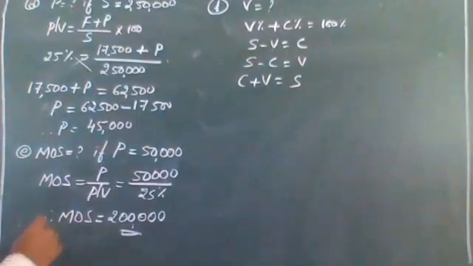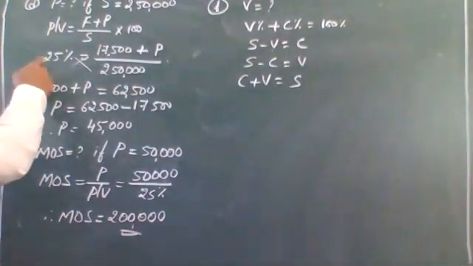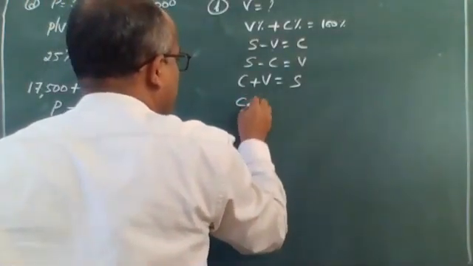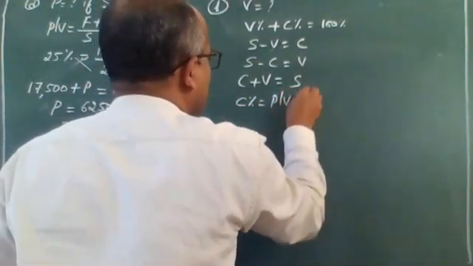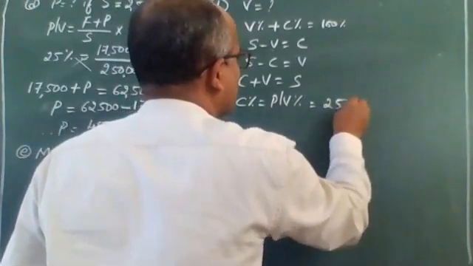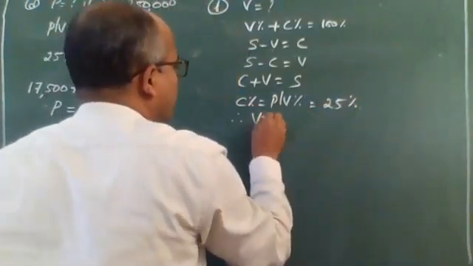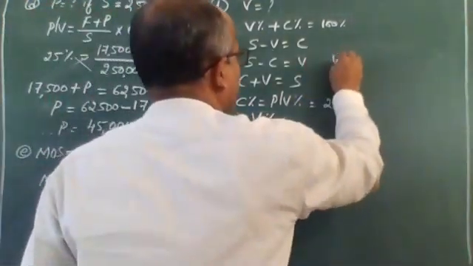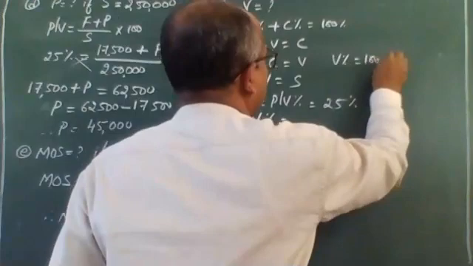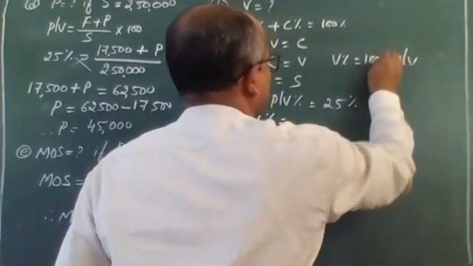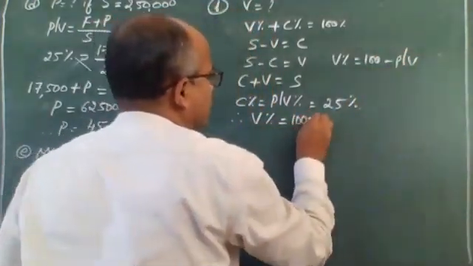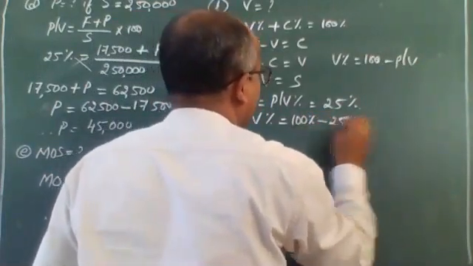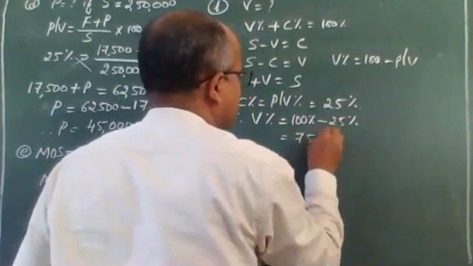So logically speaking, we know that the PV ratio is 25%. So the C percentage is nothing but PV percentage, that is 25%. Therefore, variable cost percentage will be how much? Variable cost percentage is nothing but 100 minus PV ratio. So from 100%, if you deduct 25%, you get 75%.